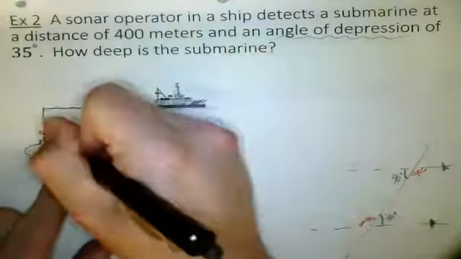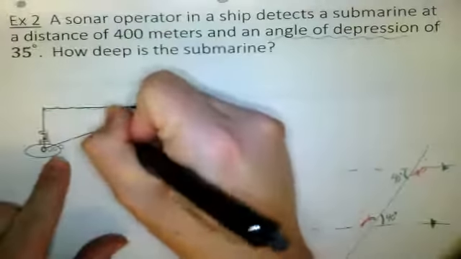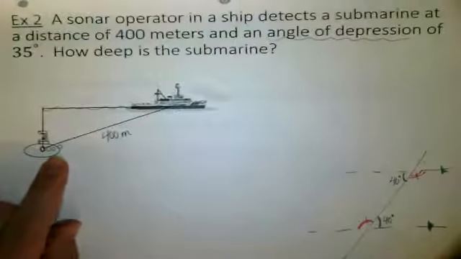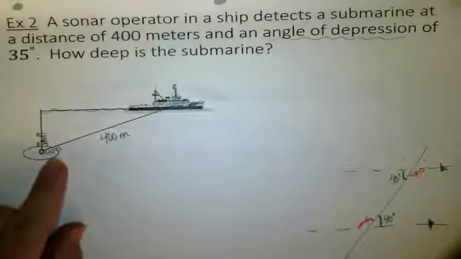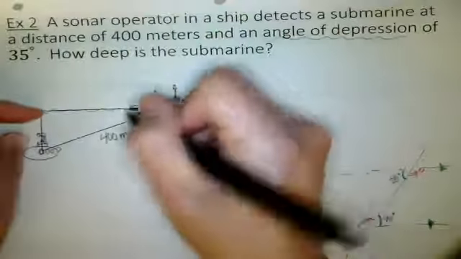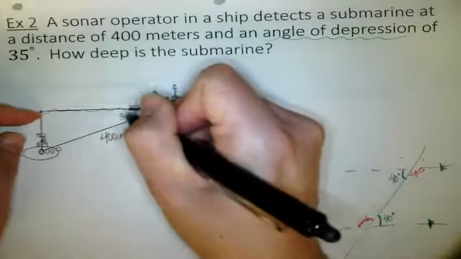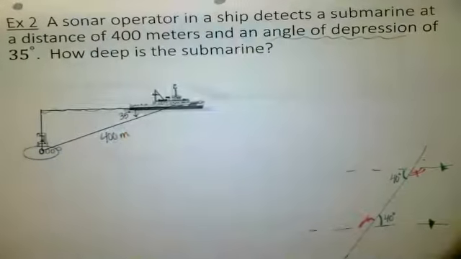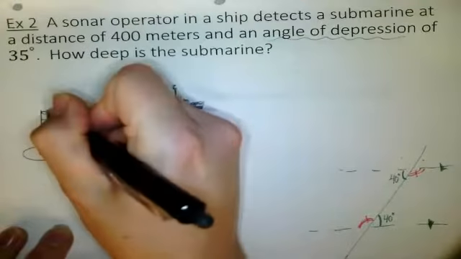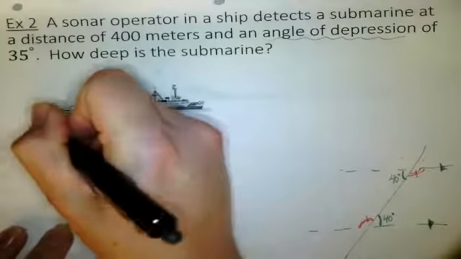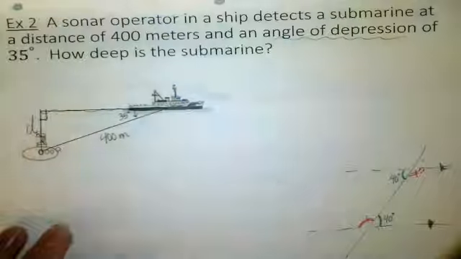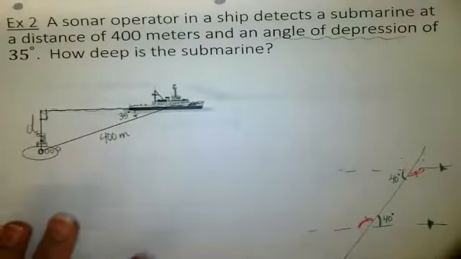All right, so we talk about distances. This is the shortest distance to the submarine, 400 meters. The angle of depression, so from water level down, was an angle of 35 degrees. And we want to know how deep is the submarine. That would be the depth below the surface of the water. So this would represent the depth we want to find.